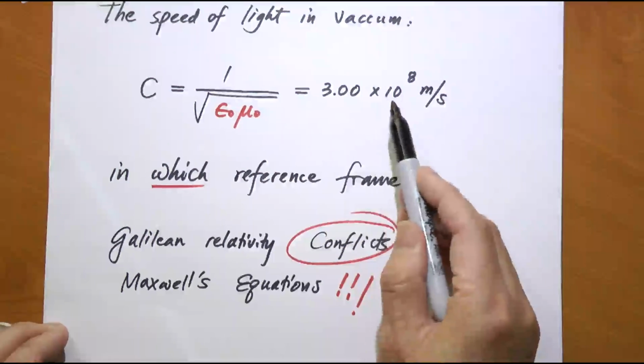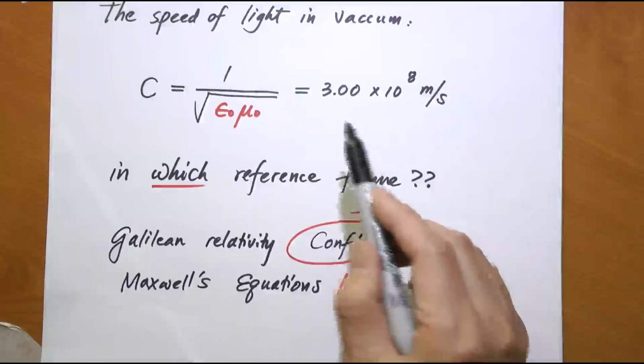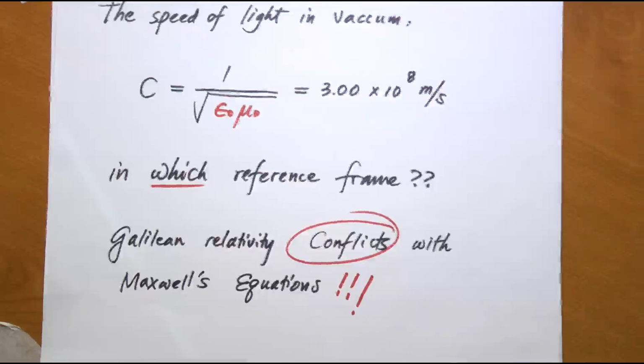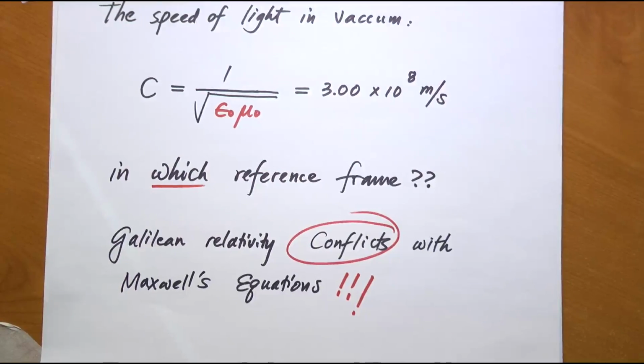And if that happens, then can't you use that difference in the speed of light that you measure to deduce how fast you're moving? In other words, now it looks like absolute motion does exist. Everybody can simply measure the speed of light, come up with a slightly different value than this and say, I know how fast I'm moving relative to a certain special frame in which the speed of light is exactly equal to 1 over square root of epsilon naught mu naught.